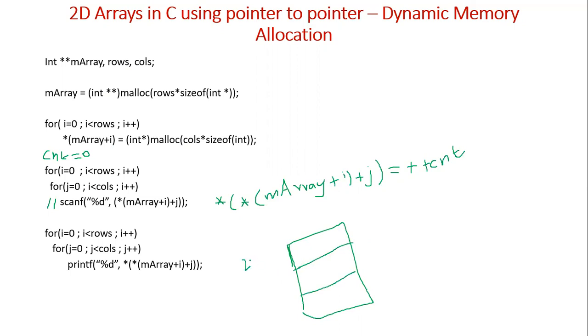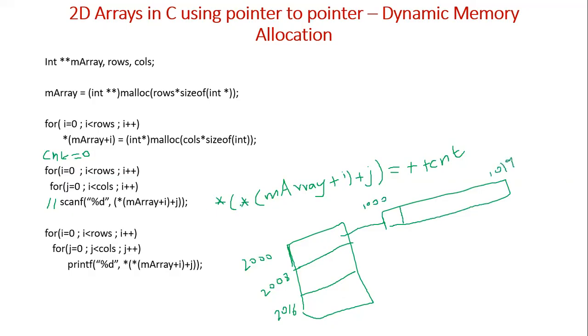The first pointer is 2000, the second is 2008 starting address, the third is 2016. Now this may be pointing to some locations starting from 1000 to 1019. This is what we have discussed.